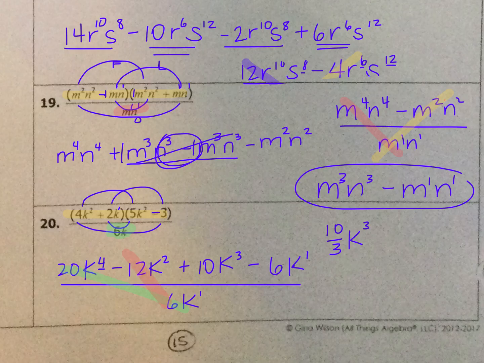Negative 12 divided by 6 is negative 2. K, 2 minus 1 is 1. 10 divided by 6 is another fraction, so that would be 5 over 3.